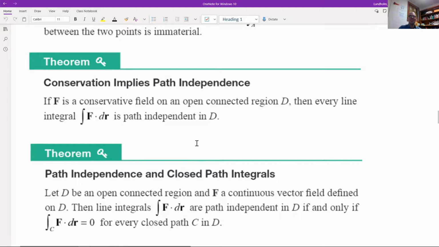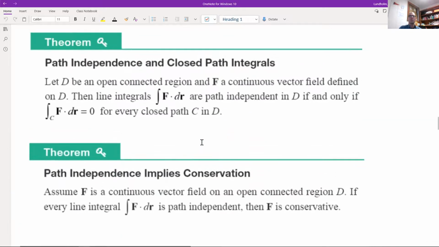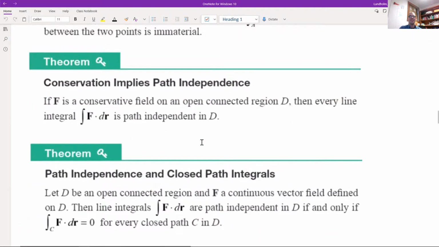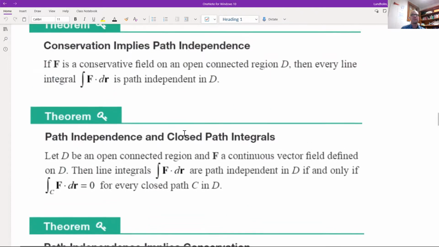I don't necessarily have proofs for these listed, but we're going to be looking for conservative vector fields where we can find a potential function. This one in the middle talks about path independence and closed path integrals.